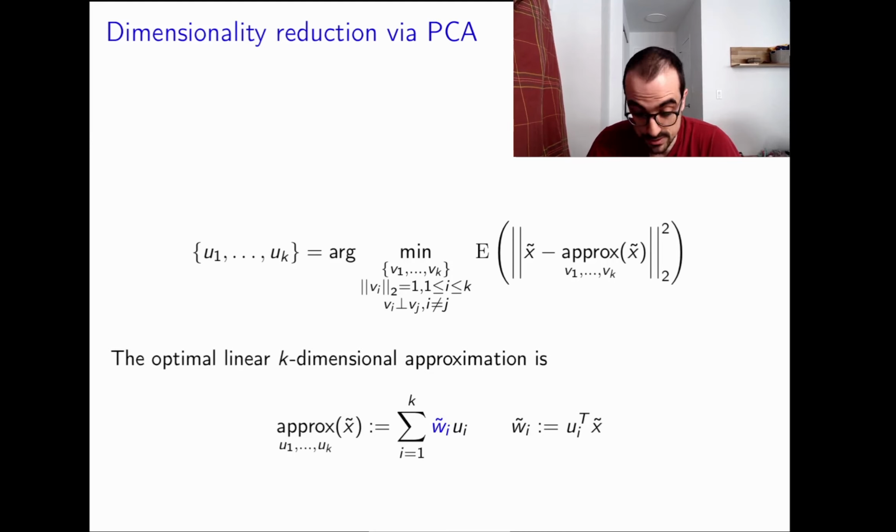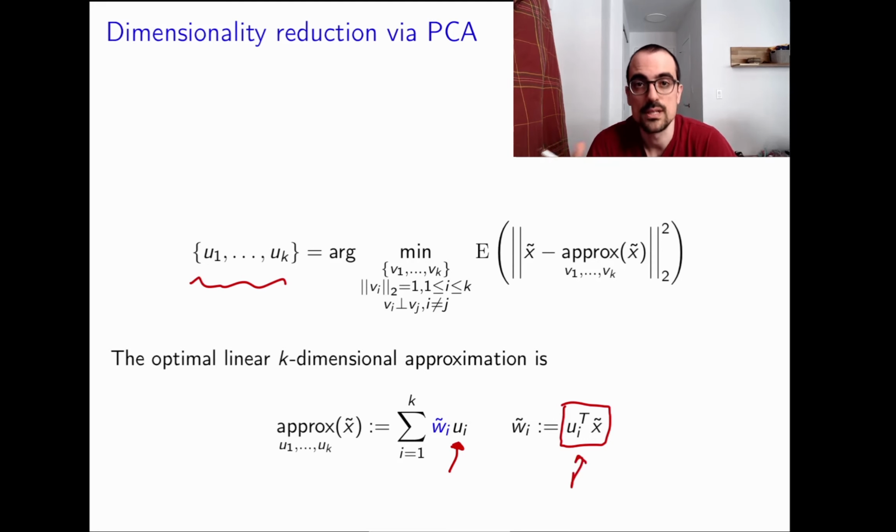Okay, so it turns out that the optimal choice for these k vectors that we're taking inner products with to preserve the mean L2 norm is indeed the eigenvectors of the covariance matrix, and hence the approximation that we're actually computing is those first k eigenvectors of the covariance matrix, which are the principal directions, this is how they're called in principal component analysis, multiplied by a coefficient, which is the inner product of the principal direction with the random vector, and this is called the principal component.